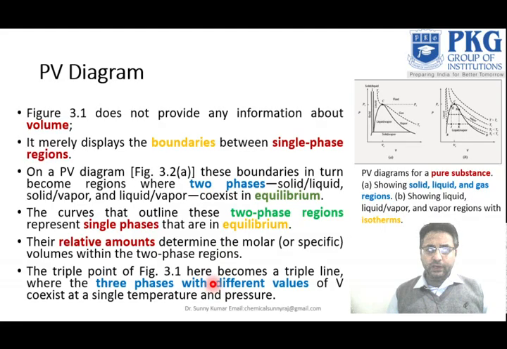The triple point: this is a critical point, and the triple point in figure 3.1 becomes a triple line, where the three phases with different values of V coexist at a single temperature and pressure.